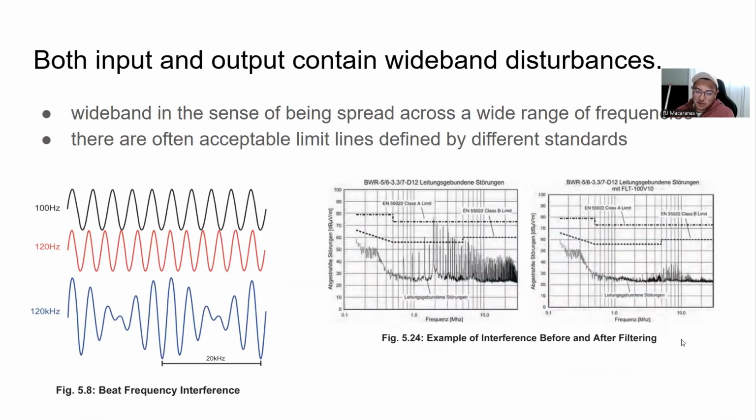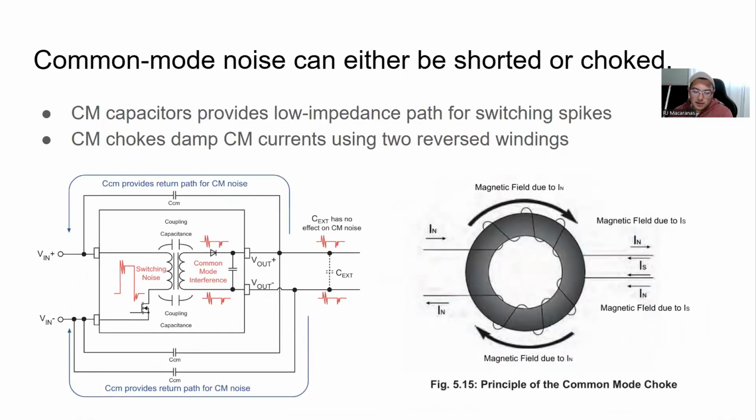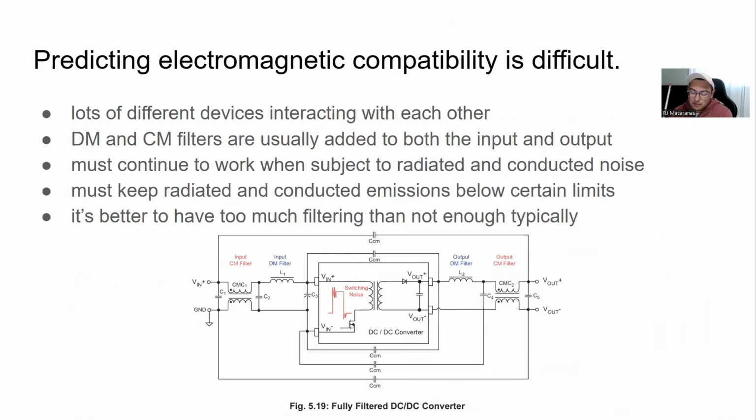Yeah, right here, this is just an example. It says the EN 55022 class A limit and then the class B limit for the same standard. You can see that by adding their filters, they were able to reduce the emissions to below those limit lines. And that's usually the goal with the different filtering that we include in our circuits.